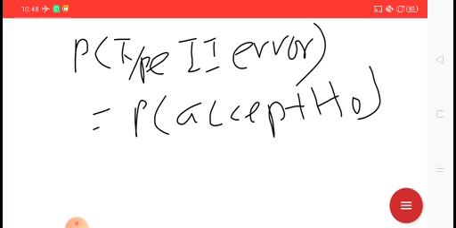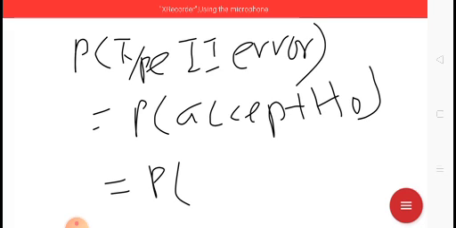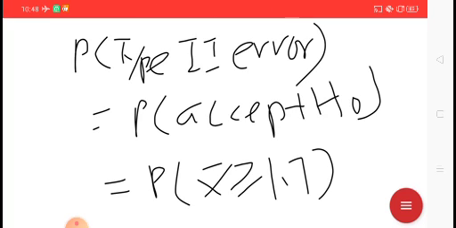So just now we said that if x̄ is smaller than 1.7, we will reject the null hypothesis. So if we want to accept the null hypothesis, we must have P(x̄ ≥ 1.7), the opposite side.